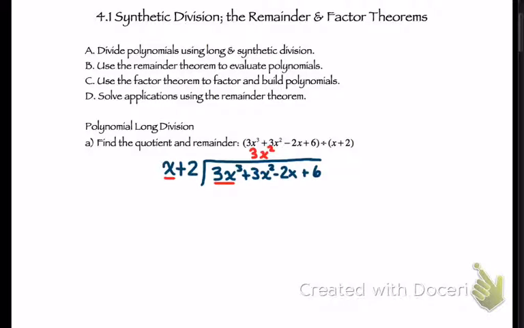So I know now what I do is I take this 3x squared right here and I'm going to multiply it to both of them, and I'm going to write that answer right there. If we multiply them, I get 3x squared times x is 3x cubed, and 3x squared times 2 gives me 6x squared.